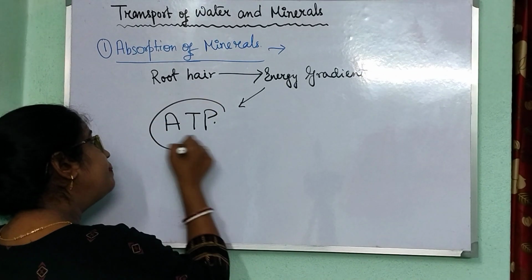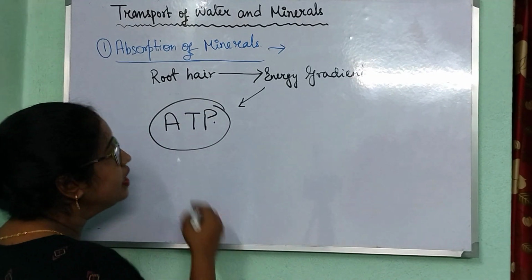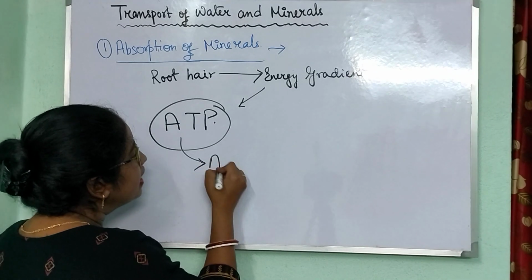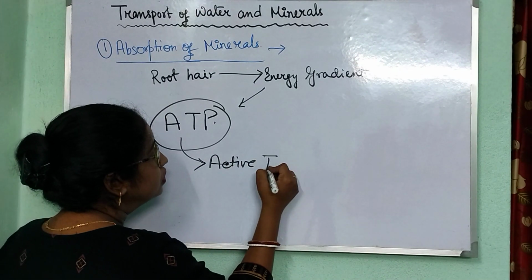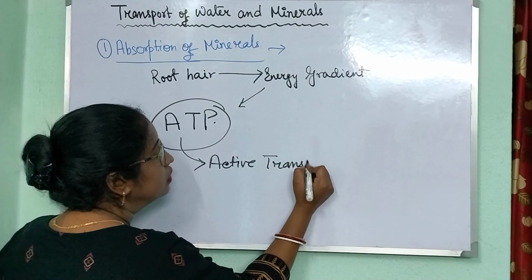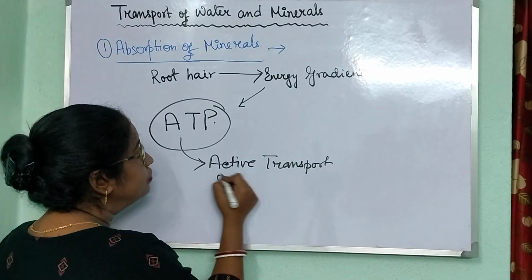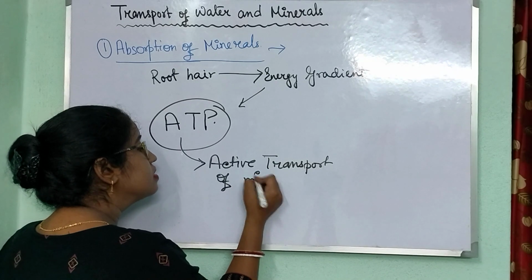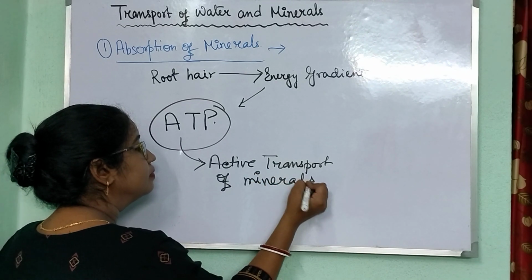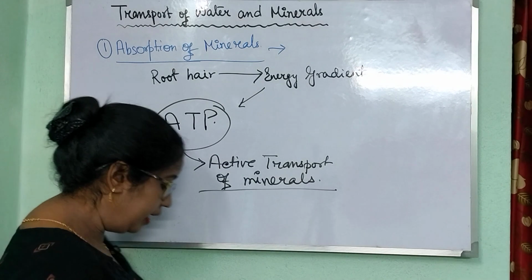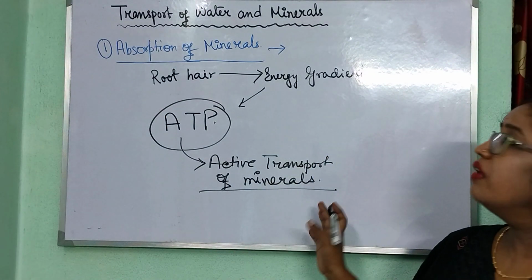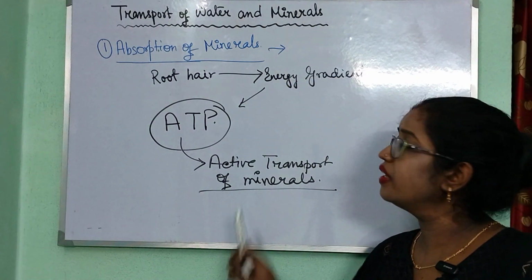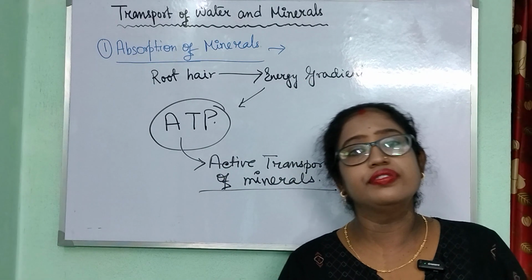So it needs ATP to perform its action, and this mechanism is known as active transport of minerals. So in case of minerals, active transportation occurs via the energy concentration gradient and by the creation of ATP.